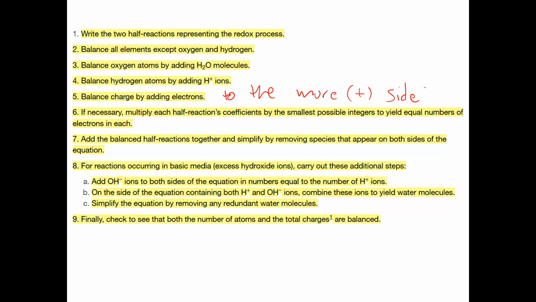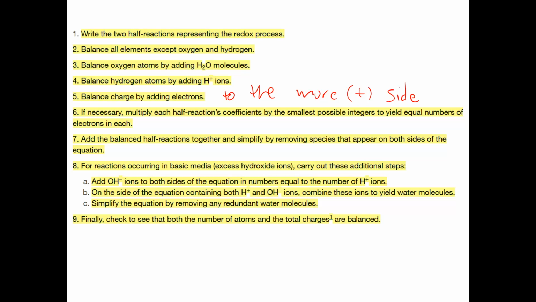At this point, you should have 1 equation where electrons are being lost and 1 equation where electrons are being gained. That is, the electrons should be on opposite sides of the half reactions. If needed, multiply each half reaction's coefficient by the smallest possible whole number to yield an equal number of electrons in both equations.